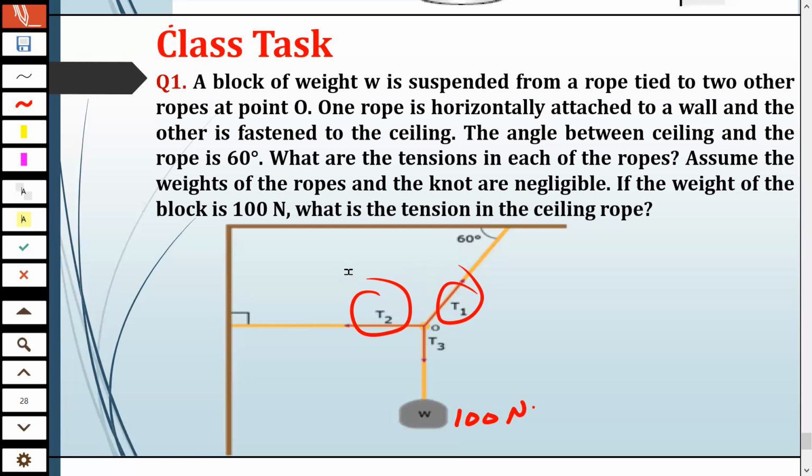This is a very simple question, so let us quickly do it. The most important thing here is to know how to apply SOHCAHTOA and the rules of vectors. In short, it's just to know how to apply vectors on solving such questions.